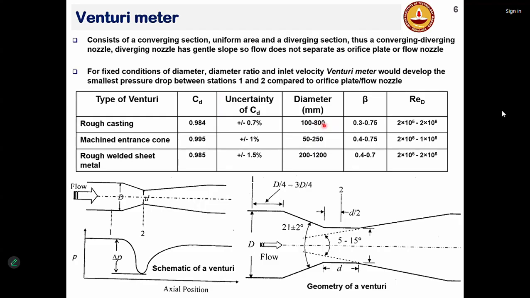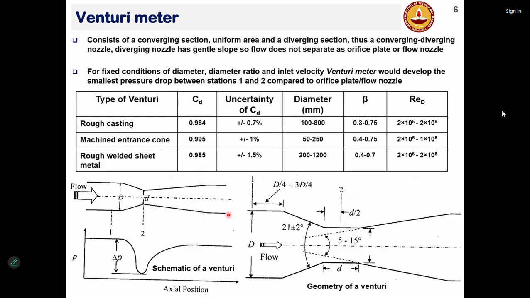And what is important is the diameter of the section of the venturimeter and the d by D ratio, the throat to the diameter ratio, which again depends on the type of venturi. It could be anywhere between 0.3 to 0.75. And you can see that the Reynolds number that can be measured using venturimeter lies within a range of 2 into 10⁵ to about 2 into 10⁶.